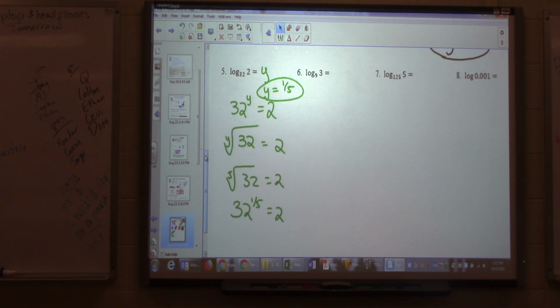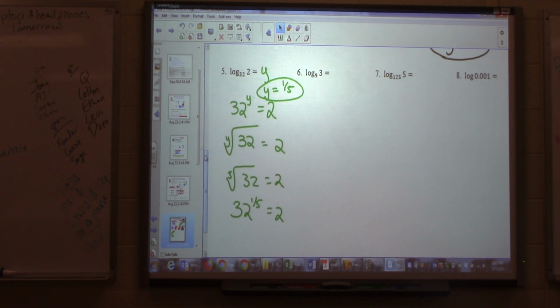So going from whole numbers to a fraction, I know that one should be a negative. I know it's going to have to be a fraction, right?